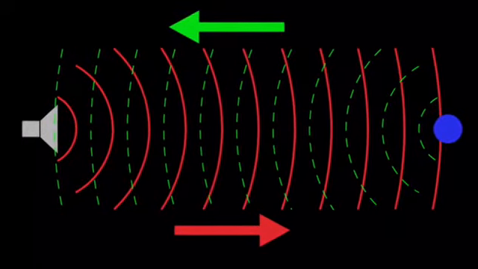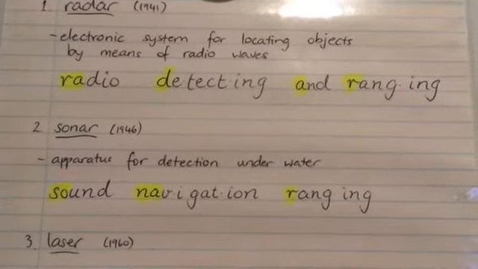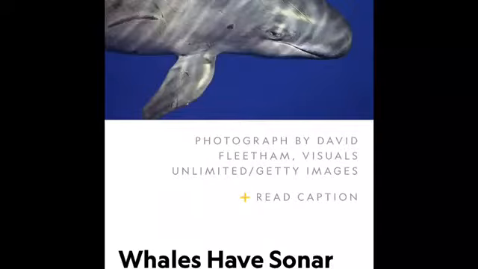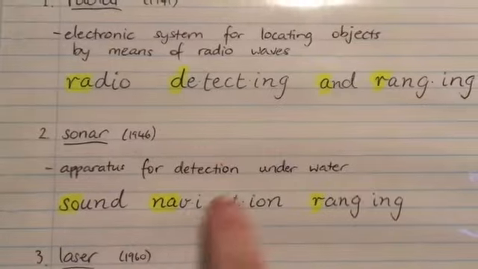Then we have sonar, which came about as a word in 1946. Apparatus for detection underwater. Lets you find things underwater. And that one is slightly cheating, if you like. It's a mostly acronym.